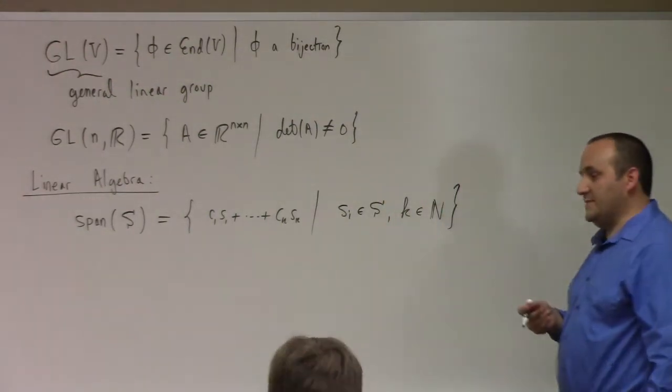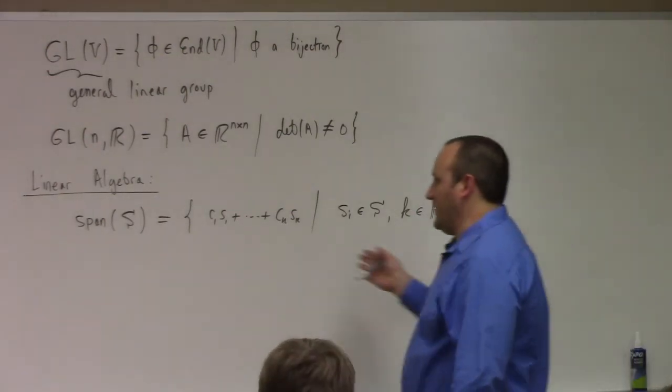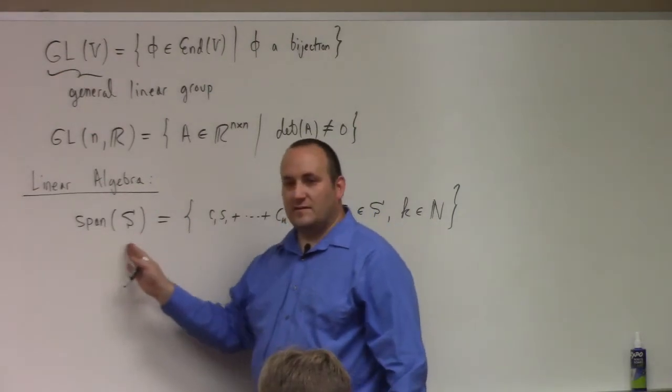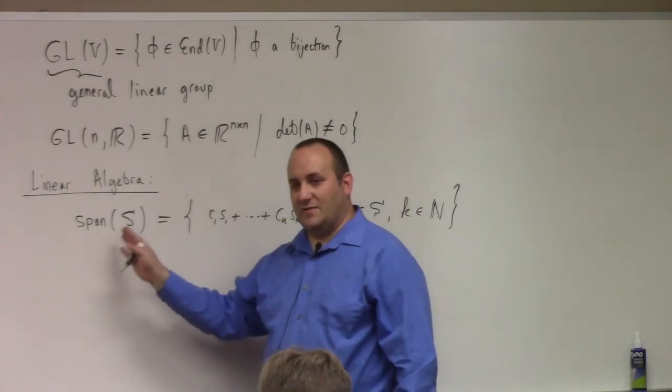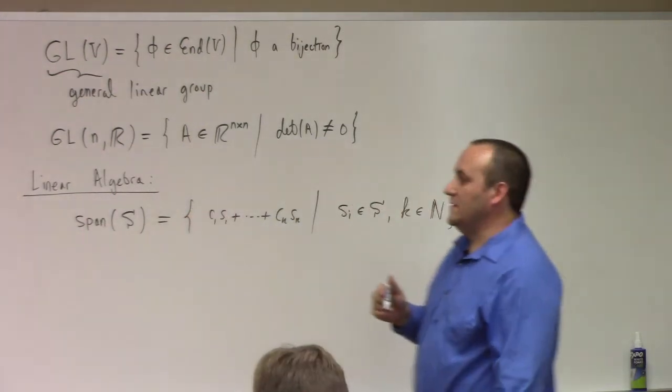So I allow the possibility that S is infinite, but the span is always the set of all finite linear combinations of vectors from S. In the case that S is finite, you can just take linear combinations the same size as S without loss of generality. But I'd like to define things like the span of a set of polynomials, right? So the point is you can add together 3 of them or 5 of them or 10 of them, whatever. That's a span.